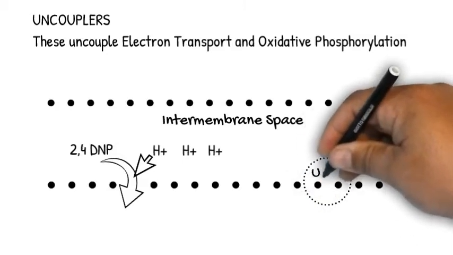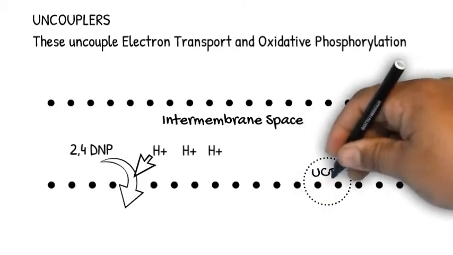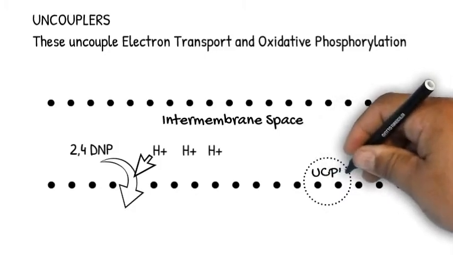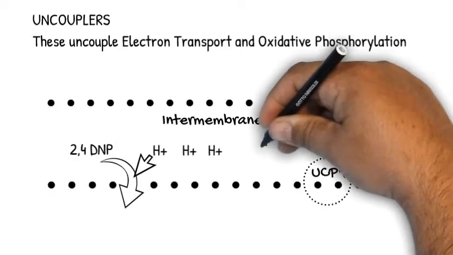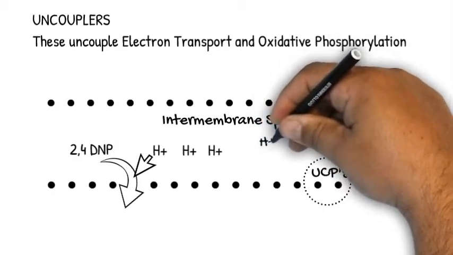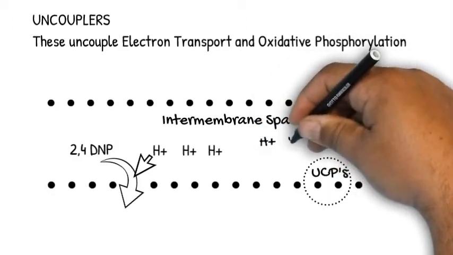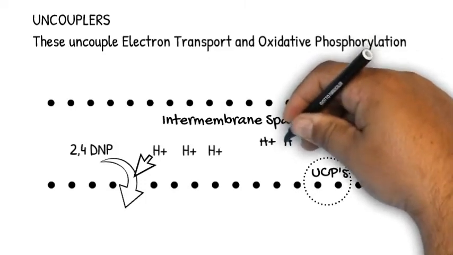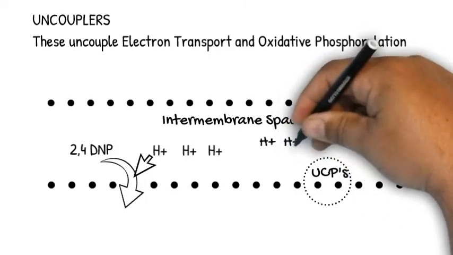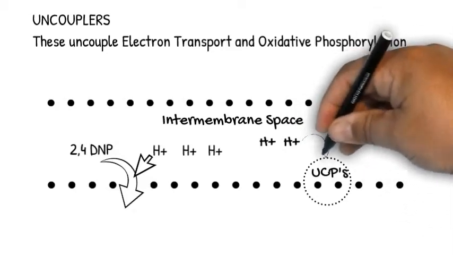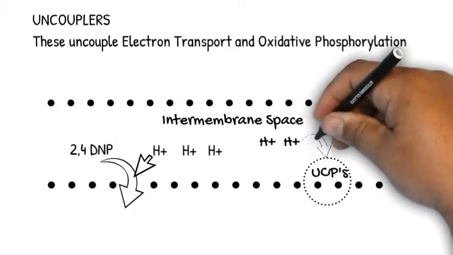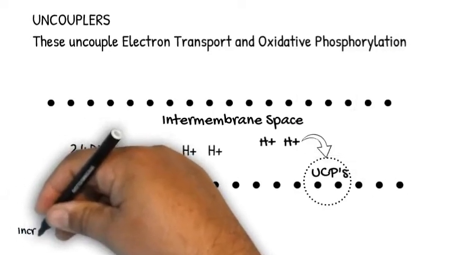These proteins allow the passage of hydrogen ions into the mitochondrial matrix, again with the liberation of heat energy, but no accompanying synthesis of ATP. So those are the uncoupling proteins, and there are a number of different uncoupling proteins that have been identified.